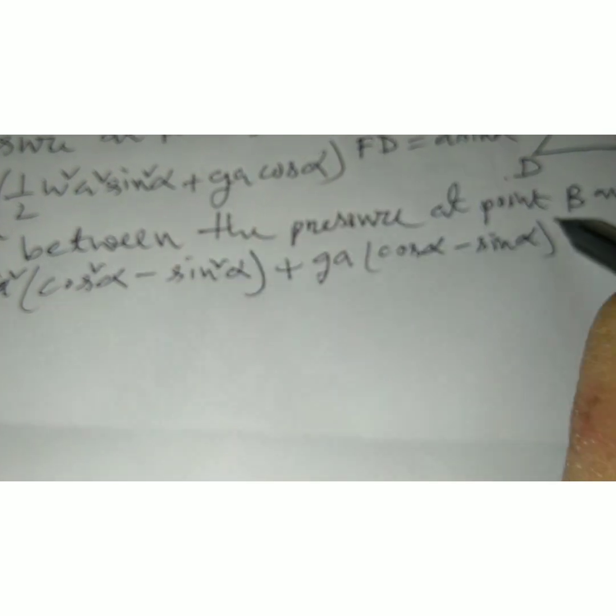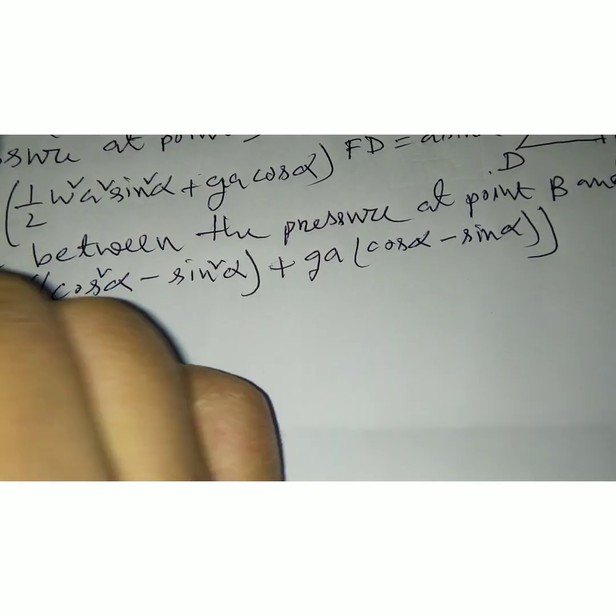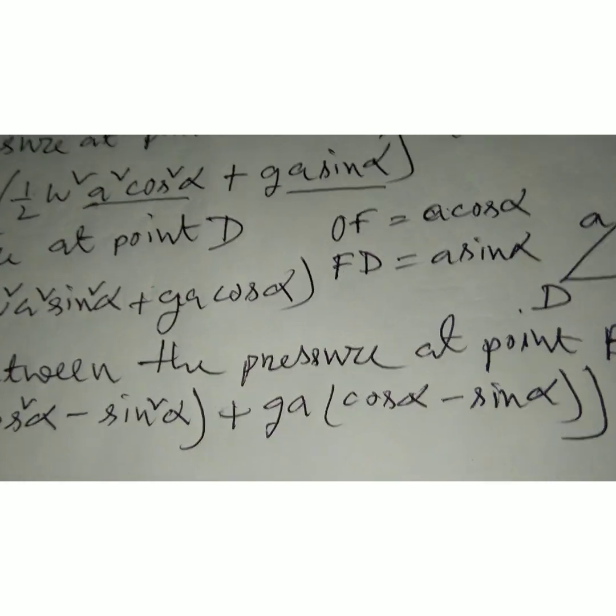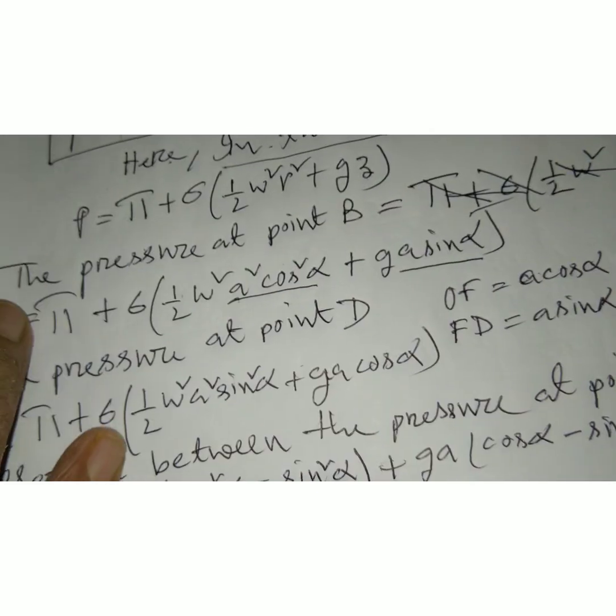I write and multiply with sigma because sigma is the density. Okay, the main factor is calculation. We will make our mistakes in calculation.